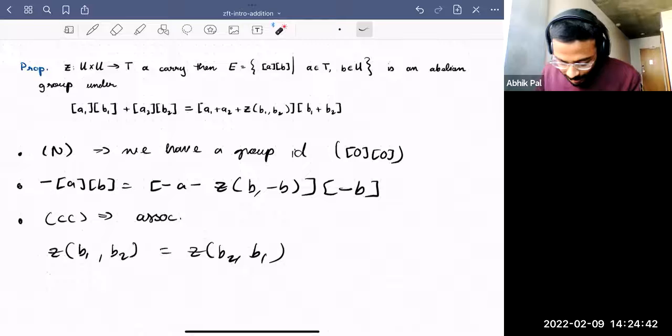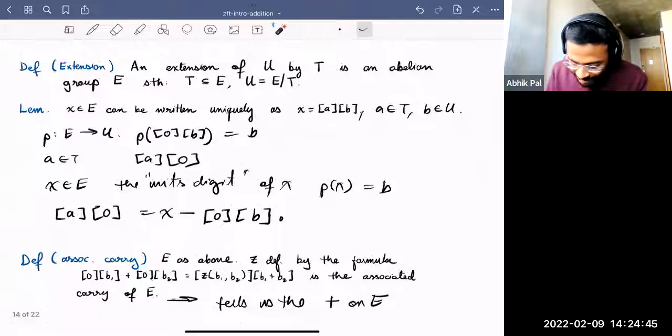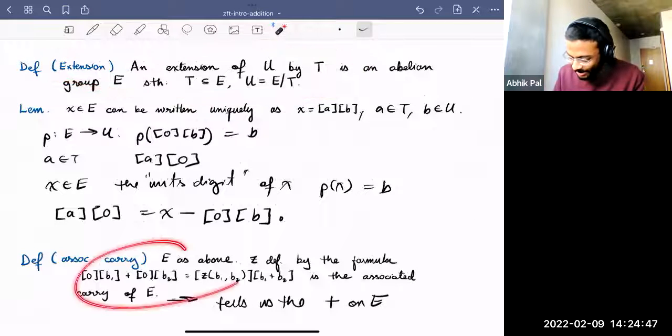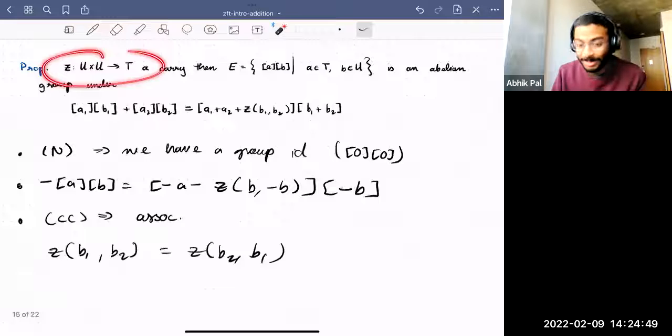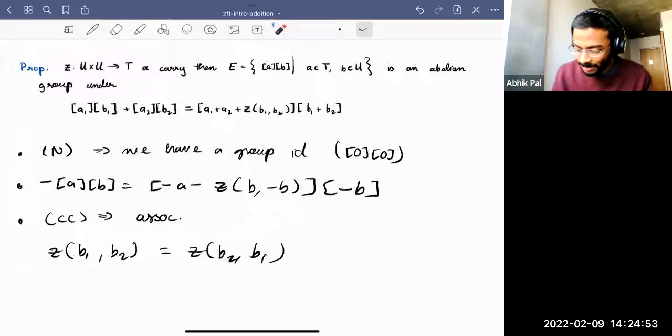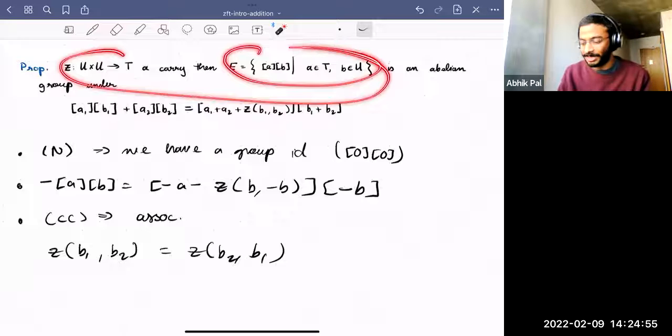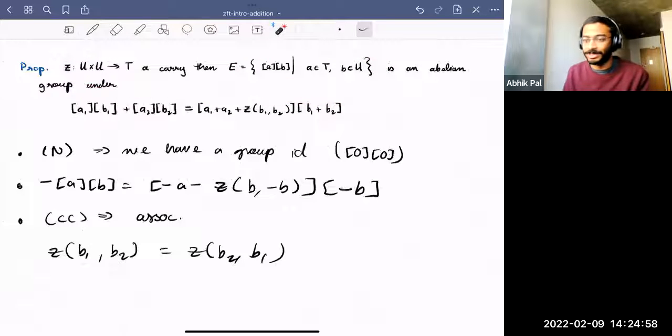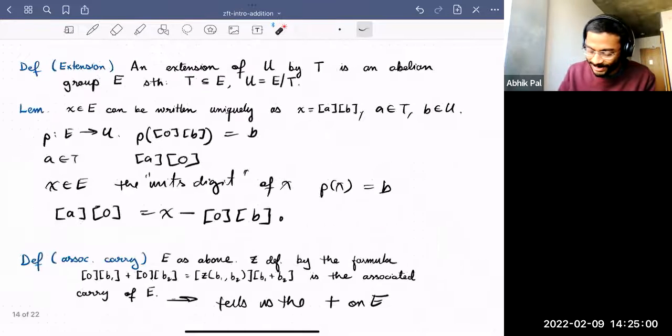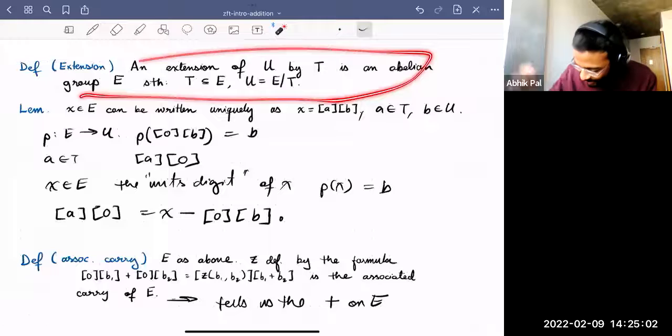Okay, so what we have seen is that there is an extension that gives us a carry, and if I have a carry, I also get some extension of groups. So this will define whatever group structure there is. This will define a group extension in this sense.